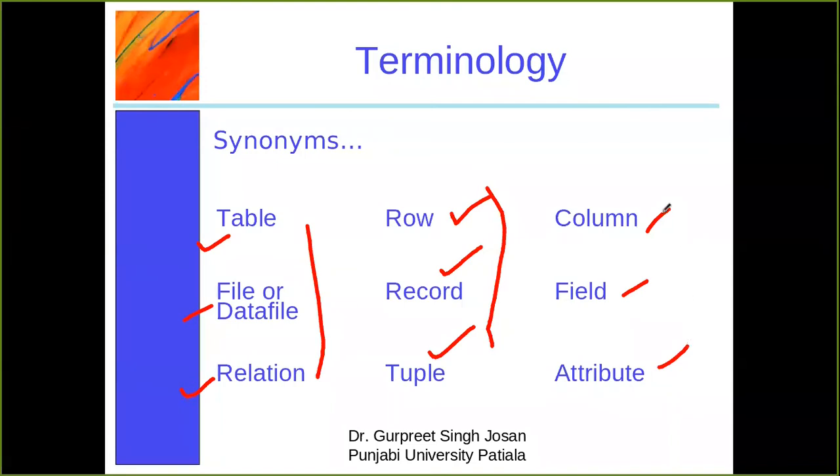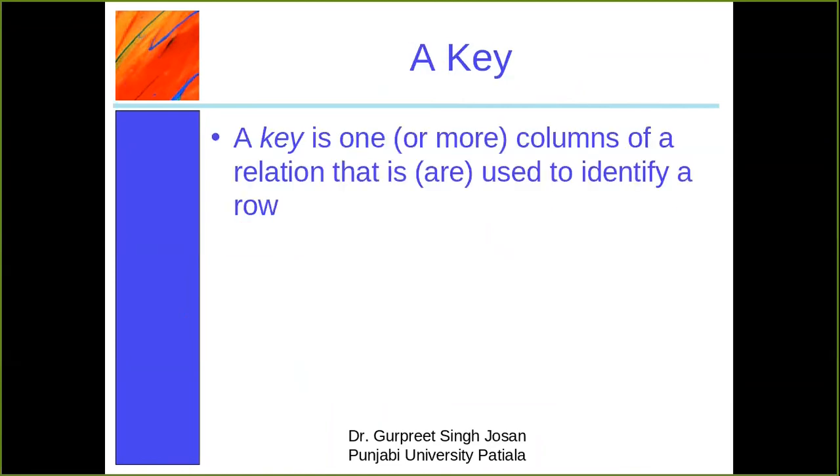They are used interchangeably in the literature. Some books call it attribute, some books call it field, some books call it column. In a similar way, some books call them rows, some books call them records, some books write them as tuples. So different terminologies are used in books, and you must be aware of all of them: tables and relations are the same thing, rows and tuples and records are the same thing, columns and fields and attributes are the same thing.